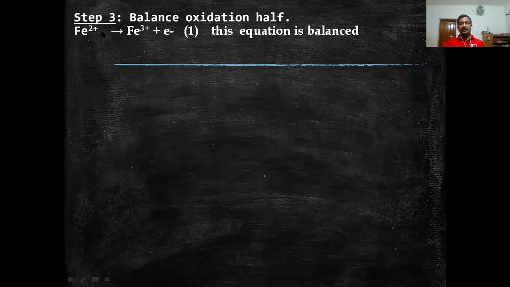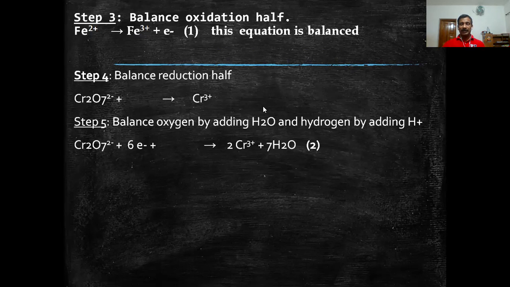Here this equation, Fe2 plus gives Fe3 plus. Here it is balanced, and you write the electrons involved only in this reaction. And already we mentioned when Fe2 plus changes to Fe3 plus, it releases one electron. That one electron, you write here. This equation is balanced. Now take the reduction reaction and balance it.